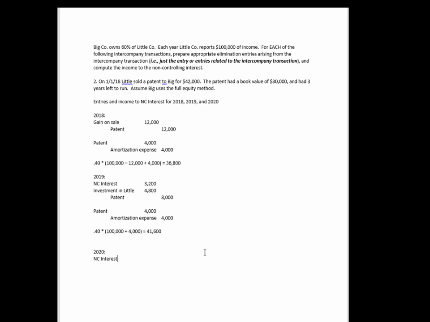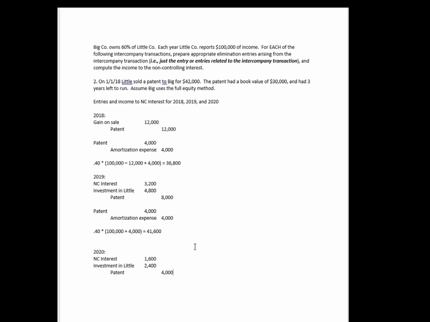So the non-controlling interest is going to get their share, 40% of that 4,000. The parent, since the parent uses the full equity method, we're going to go to the investment in Little account for their share, 60% of that 4,000. And for the last time, we reduce the patent by $4,000.